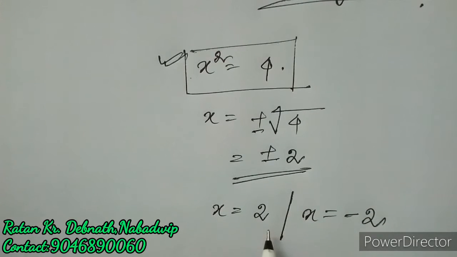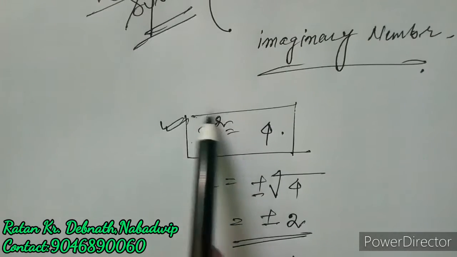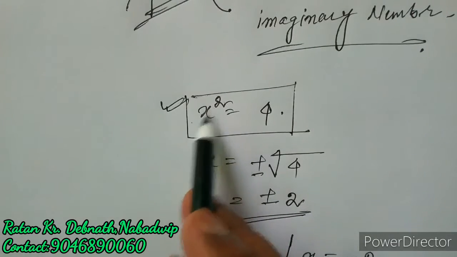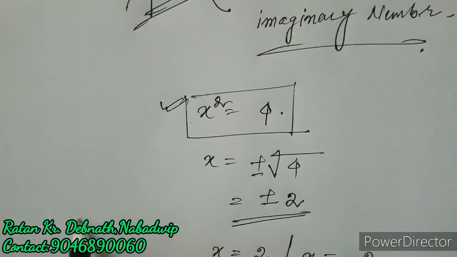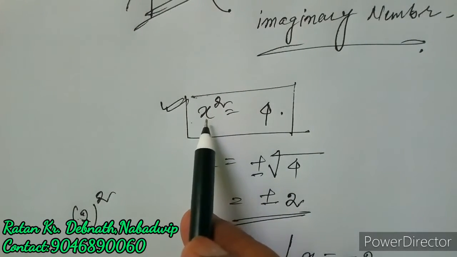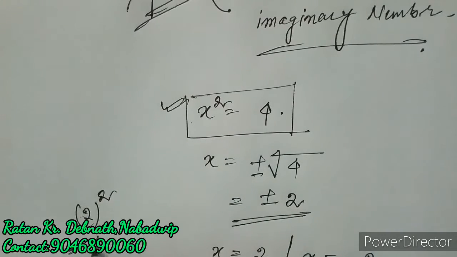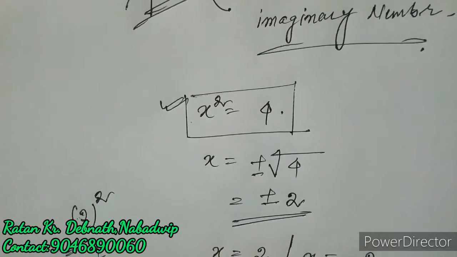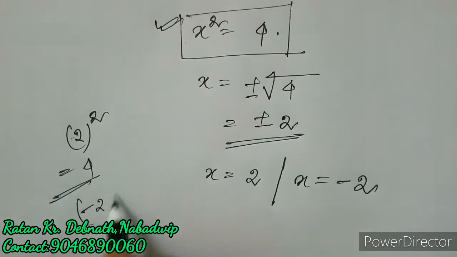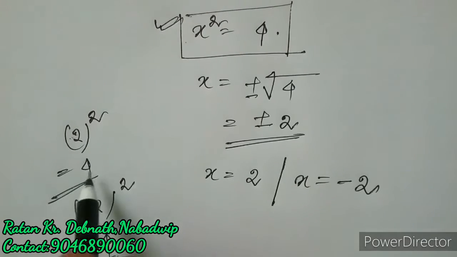If we put x equals 2 on the left side of this equation, that is 2 square, in place of x if we put 2, 2 square means 4. If we put minus 2, minus 2 square is also 4.